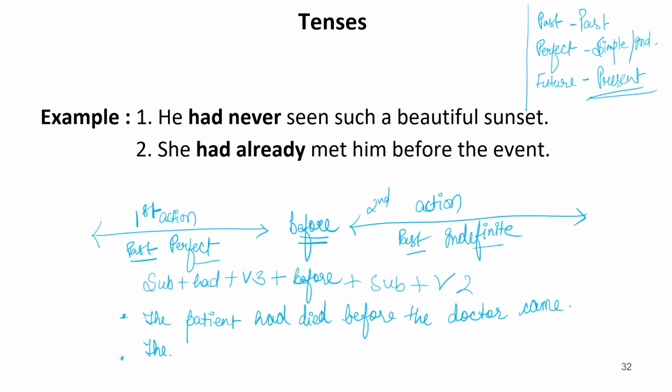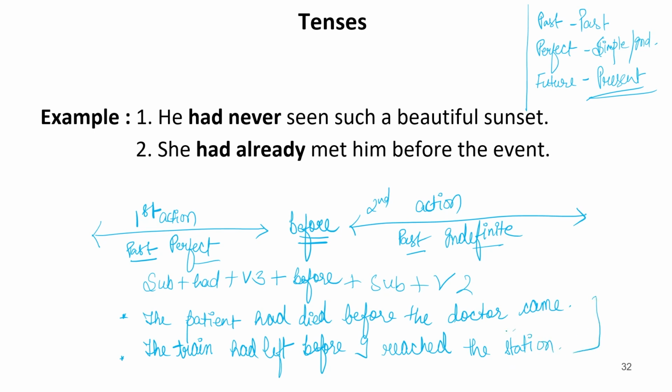The train had left before I reached the station. You must have heard these sentences earlier in your classes as well. These are very common sentences. These types of structures are also formed in present perfect tense.